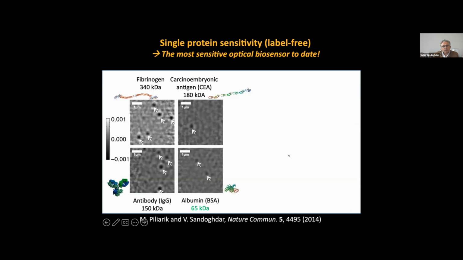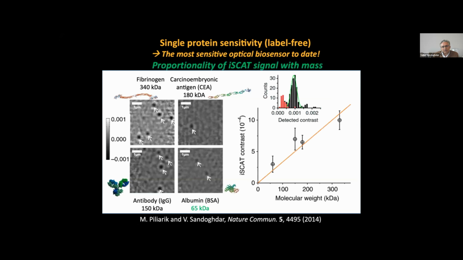We also showed that the signal, because it is proportional to the volume, actually scales with the mass of the protein, because it turns out that the density of protein matter is pretty much the same regardless of what kind of protein you have. So the polarizability is not only proportional to the volume, but also proportional to the mass. This is what we observed in that work within the accuracy that we had.